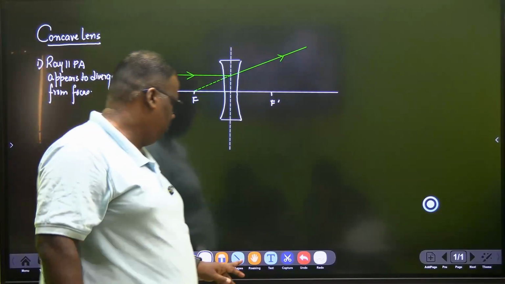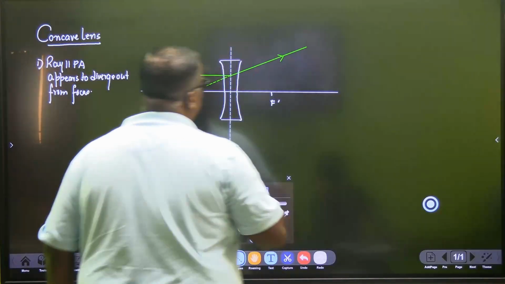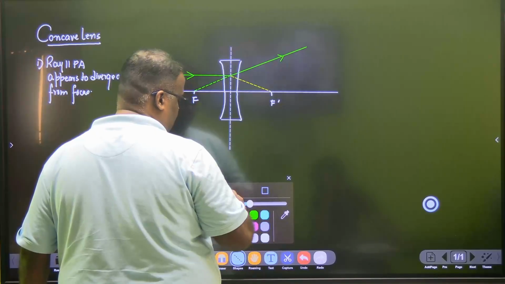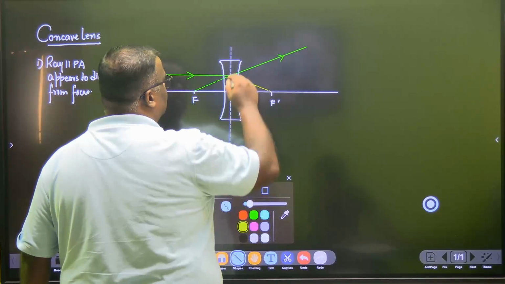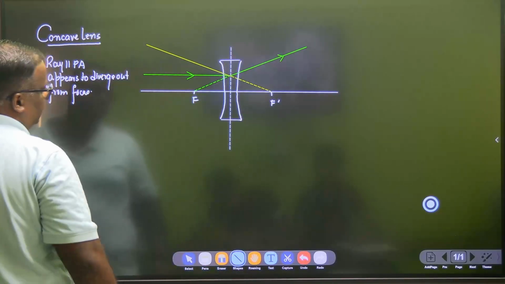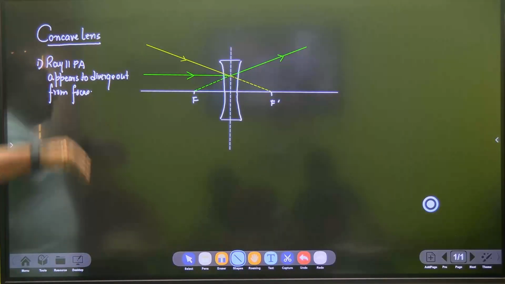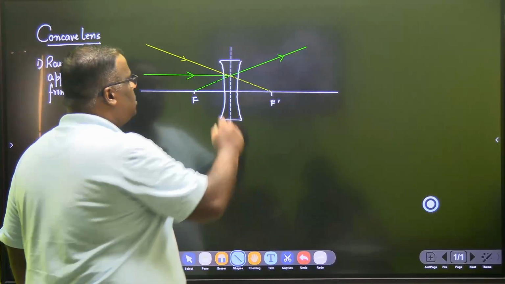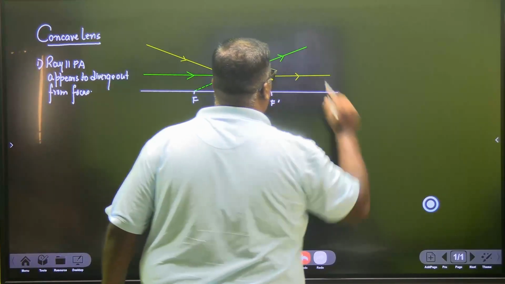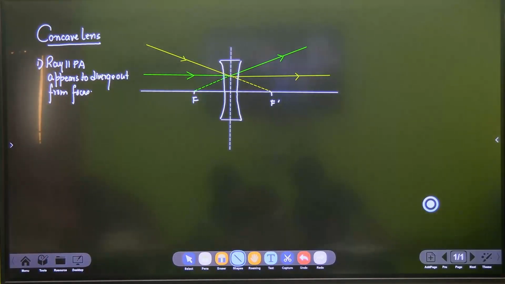The second one I will also draw in the same diagram, but with a yellow color. The second one is somewhat like this. A ray directed at the focus, but it can't go to the focus, right? It becomes parallel to the principal axis after refraction.